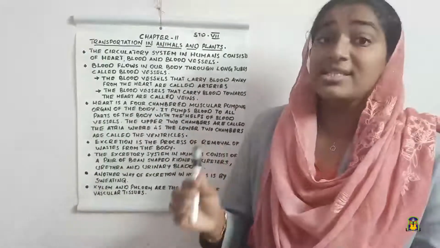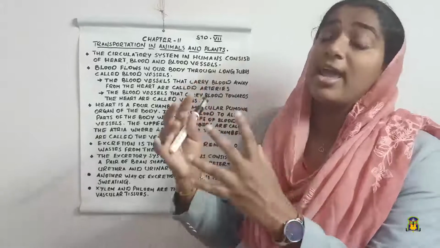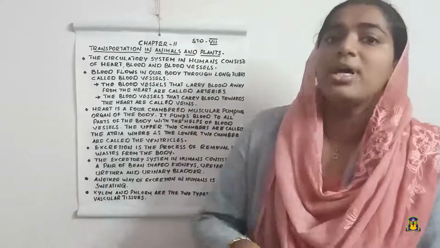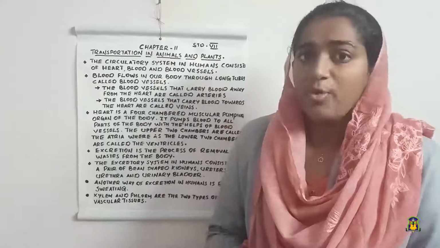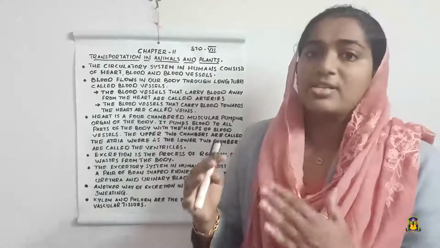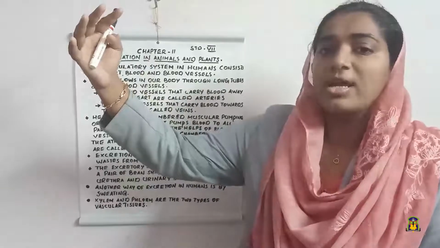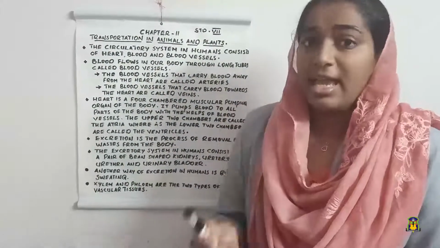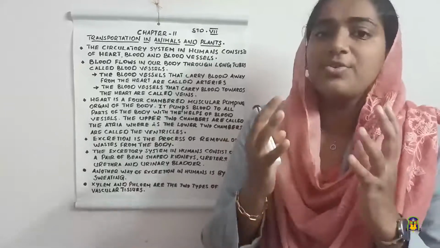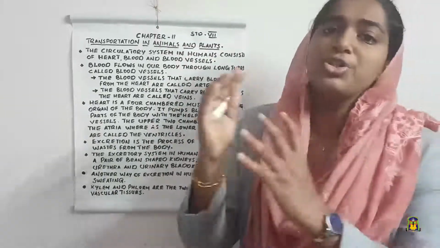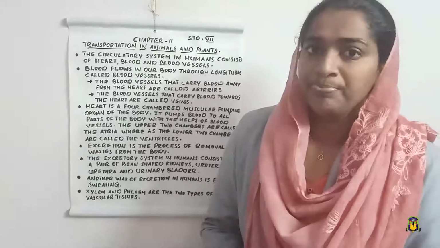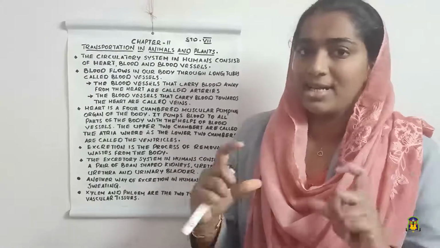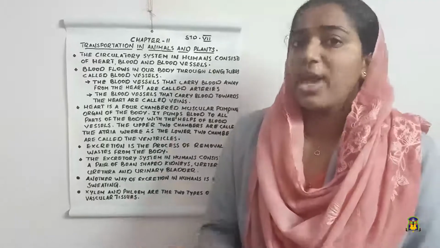The blood vessels that carry carbon dioxide rich blood from different organs of the body to the heart are called veins. What about arteries? Arteries carry oxygen rich blood from the heart to the different parts of the body. And the third one, capillaries. Capillaries are extremely thin tubes connecting the arteries and veins.